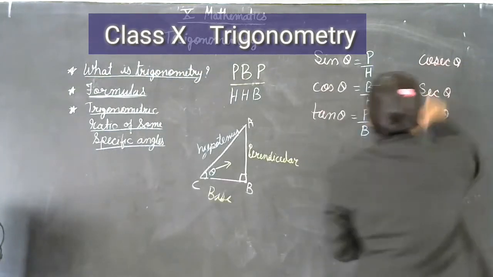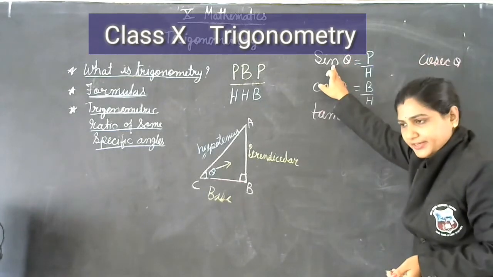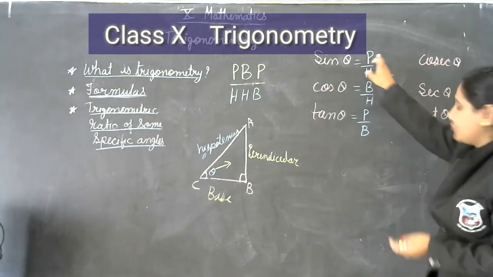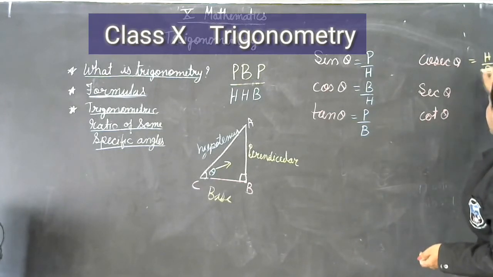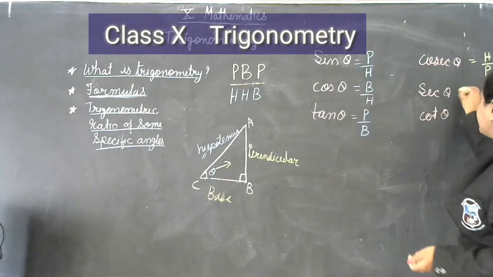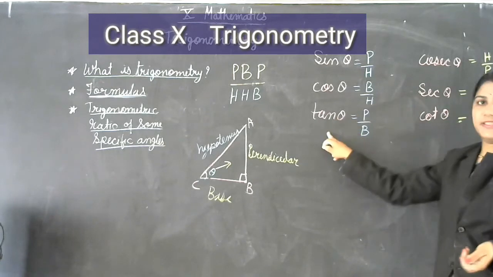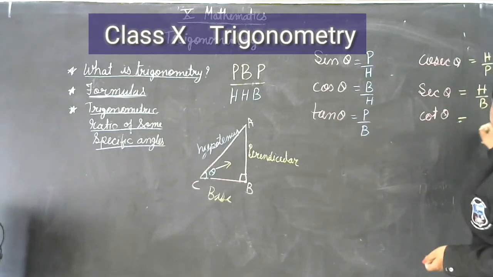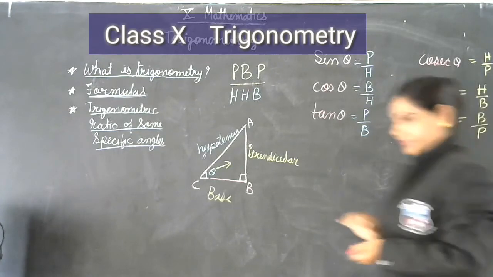Cosec theta is the reciprocal of sin theta, so cosec theta equals H upon P. Sec theta is the reciprocal of cos theta, so sec theta equals H upon B. And cot theta is the reciprocal of tan theta, so cot theta equals B upon P.